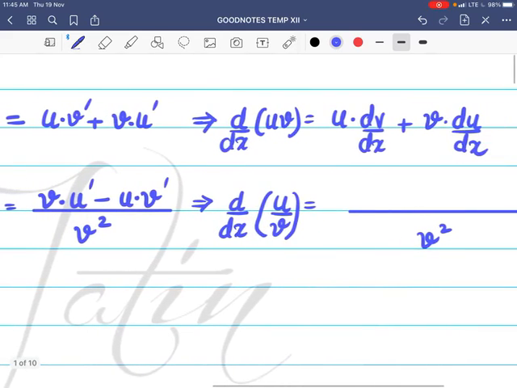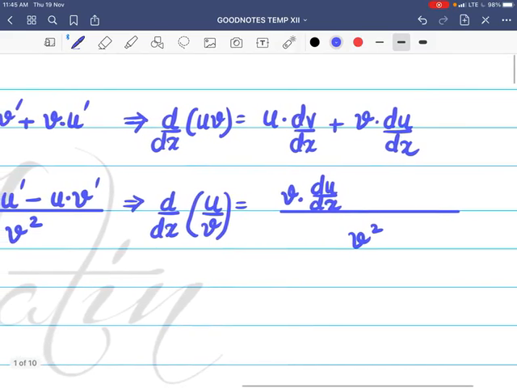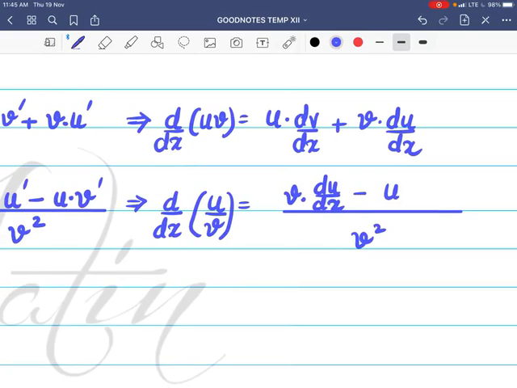Now we have v into u dash, so therefore v into du by dx minus u into dv by dx.